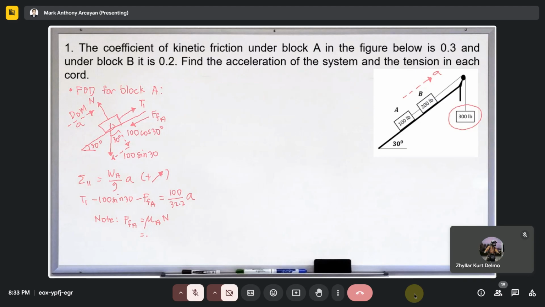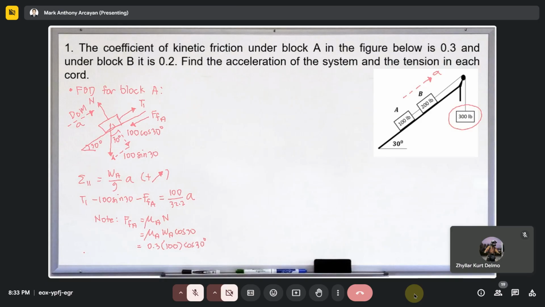So we substitute that here. The frictional force is just equal to mu A times the weight of A times cosine 30. Substituting the values, the coefficient of friction for block A is 0.3, so we have 0.3 times 100 cosine 30.